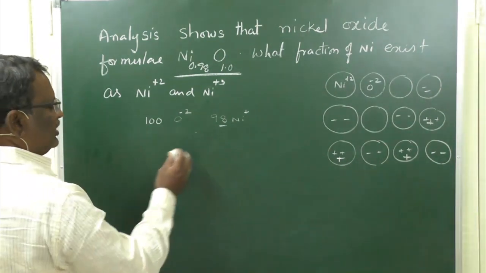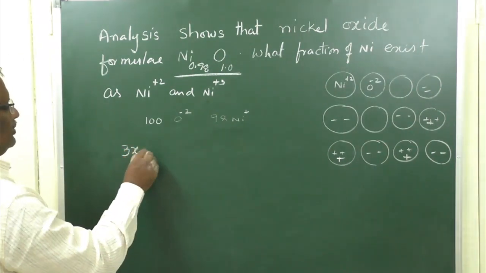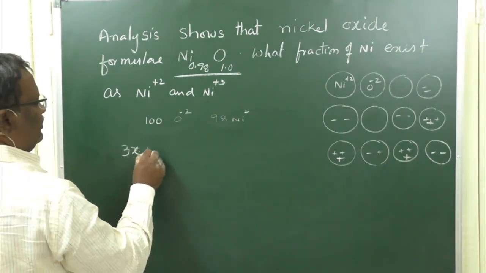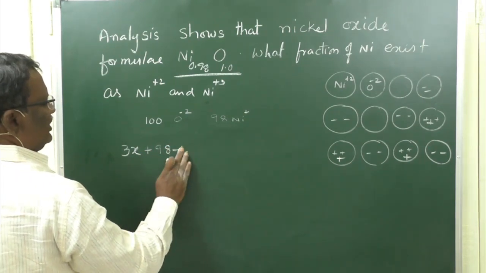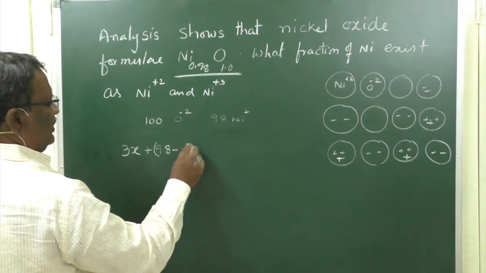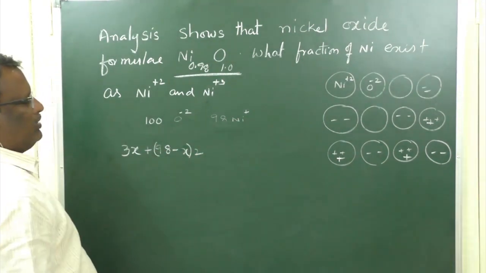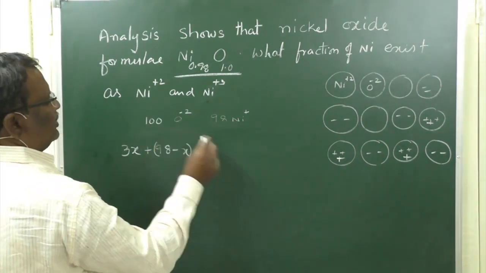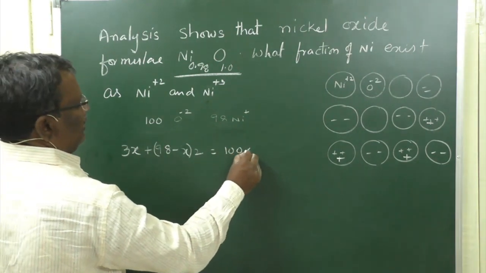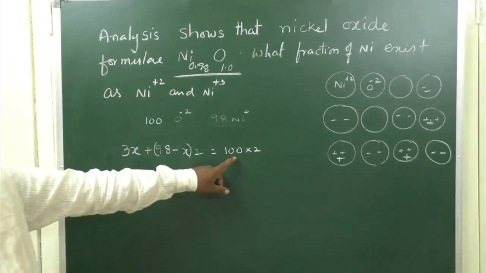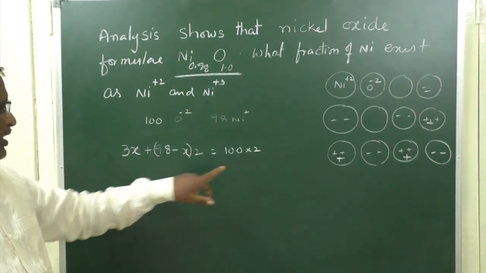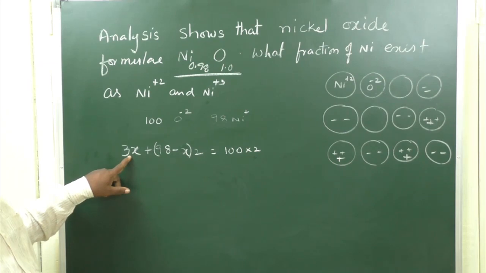Now, the total charge: 3x plus 98 minus x into 2 positive charges will be equal to 100 into 2 negative charges, because there are 100 oxide ions with minus 2 charge. We do not know how many Ni are converted into plus 3.